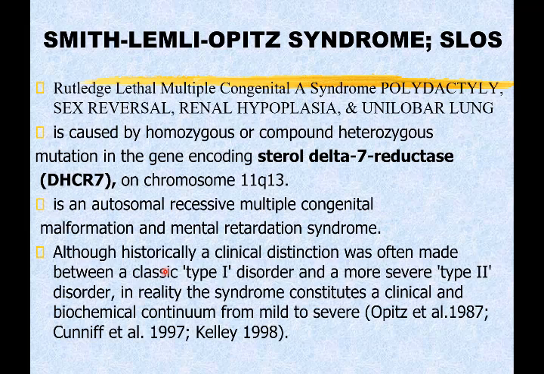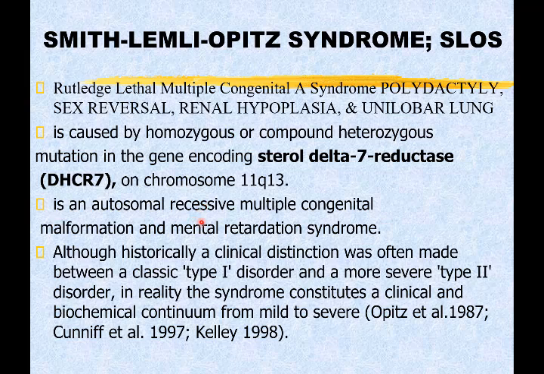So this is the definition of this syndrome: Rutledge lethal multiple congenital syndrome. The symptoms include polydactyly, sex reversal, renal hypoplasia, and unilobar lung. It's caused by homozygous or compound heterozygous mutation in the gene encoding sterol delta 7 reductase, DHCR7, on chromosome 11q13.